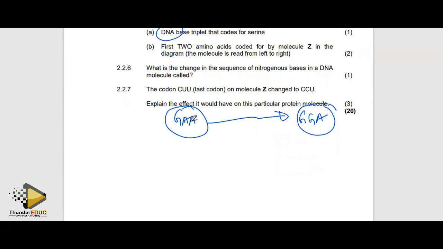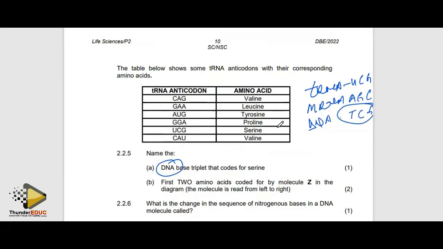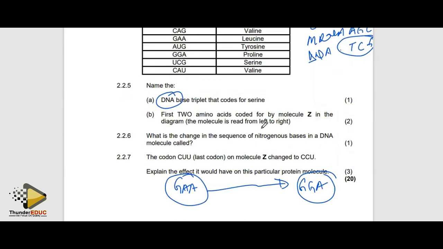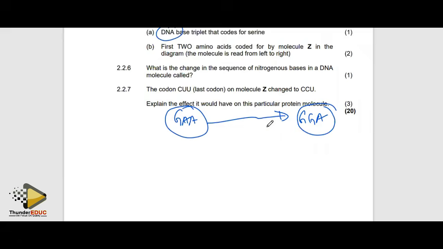Change in CUU to CCU will result in a different amino acid coded, that is, from leucine to proline, which will result in a change in the structure of the protein.